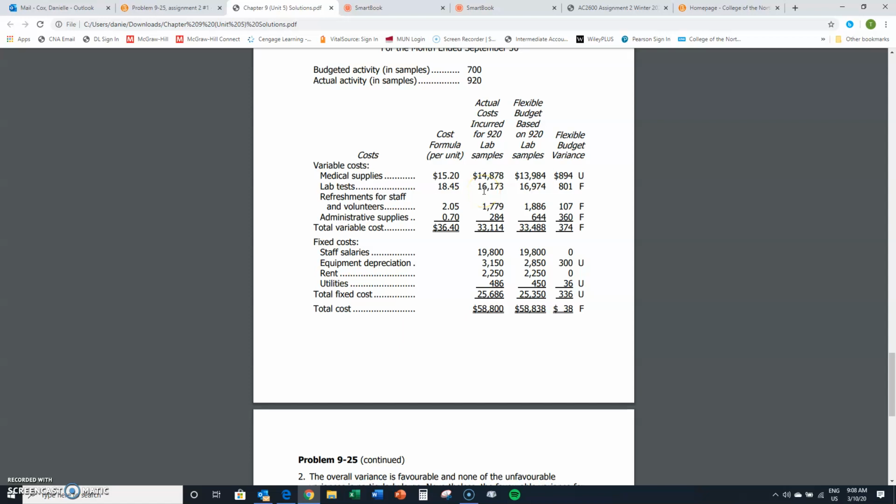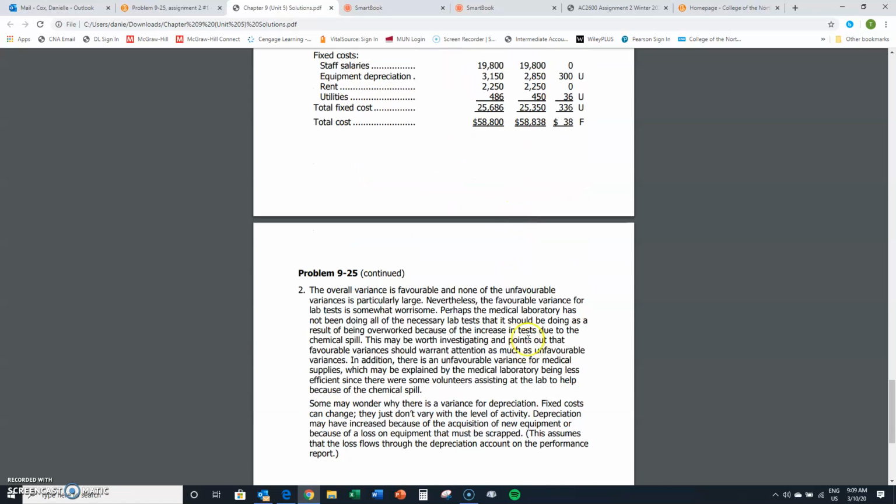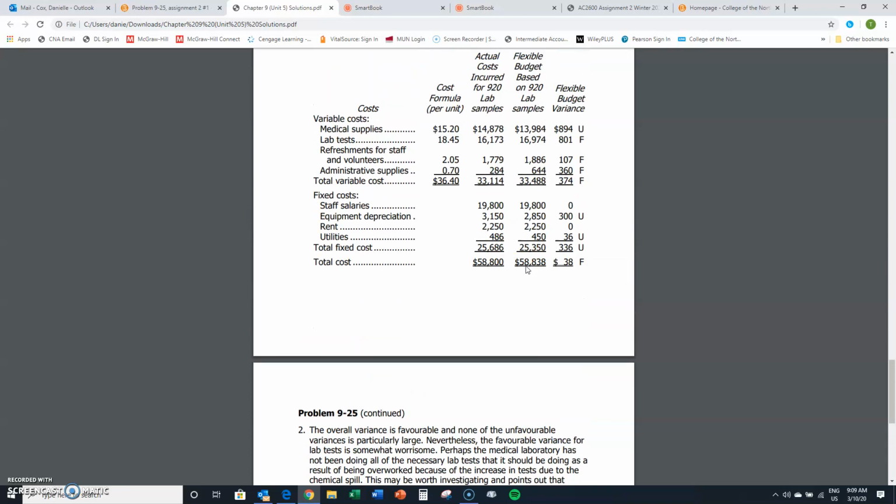That's something I would investigate. Why was the actual so much less? Were we taking a cheaper route, cutting corners, doing something? Other than that, you'd go through and look at the size of them. Were any of them particularly large? Were any something other than what you would expect? It was favorable, but why?